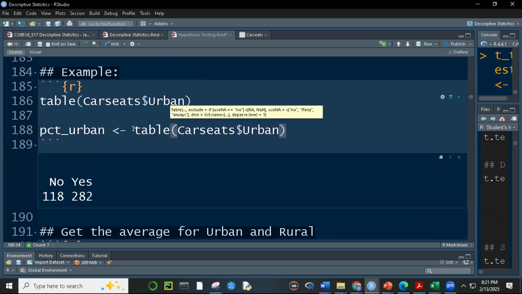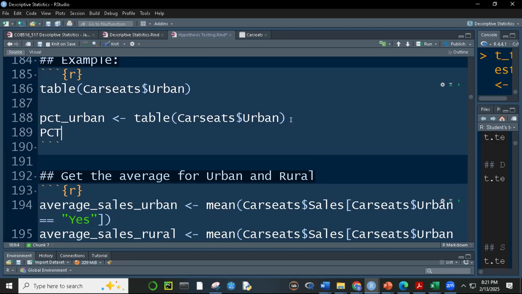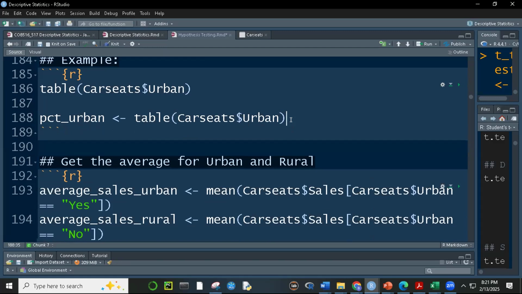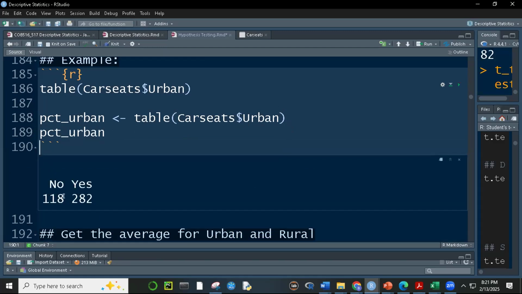So first we create an object called PCT urban, percentage urban. Control enter. If I print this PCT underscore urban, we get exactly the same as this one.